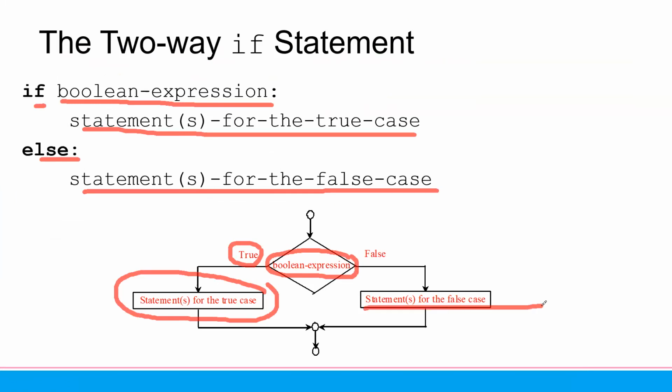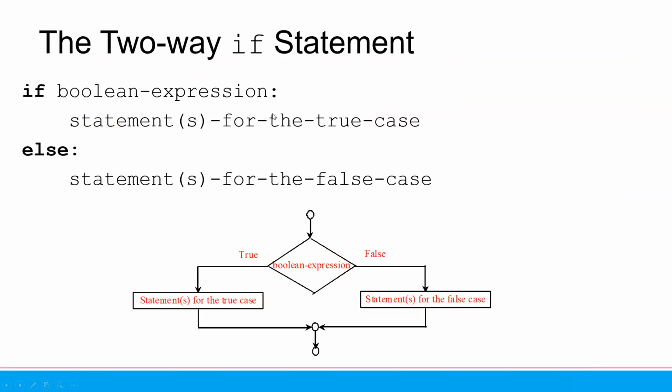This symbol is for decision. For the decision, we have two kinds of outcome, true or false. There might be another kind of flowchart. We will check later.